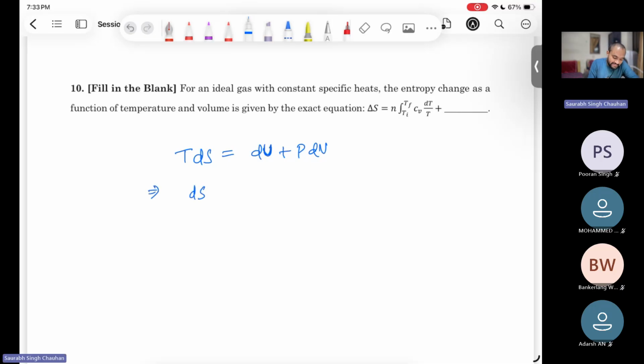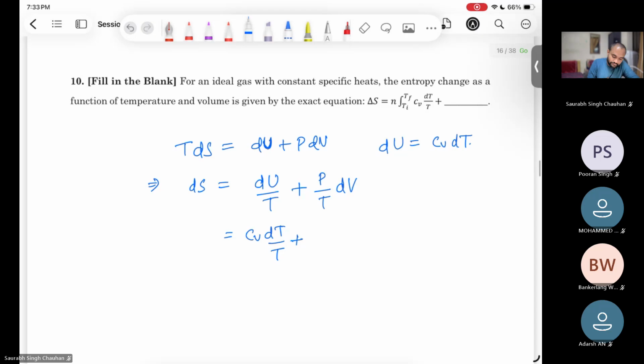So you have dS is equal to dU by T plus P by T dV. You can write Cv dT for dU. So Cv dT by T plus, now again you have dV. For an ideal gas, you have PV is equal to nRT.